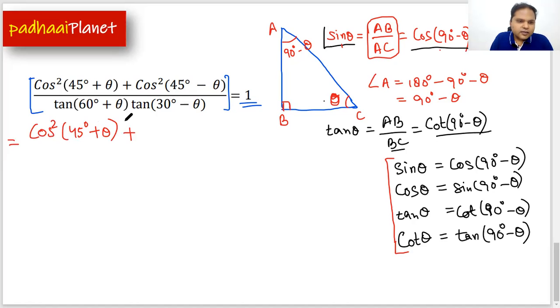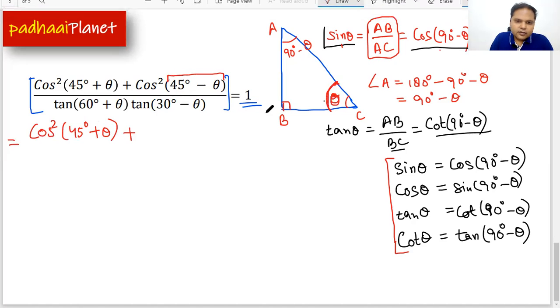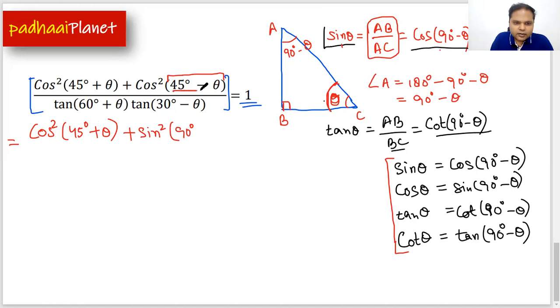We consider this whole thing as an angle, so we can write it simply as sine squared of 90 degree minus this whole angle, which is minus 45 degree minus theta.